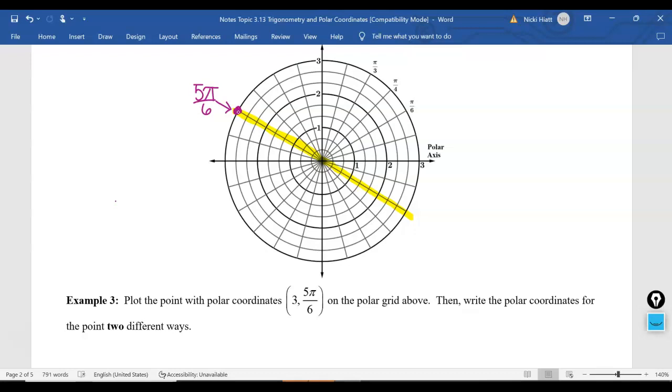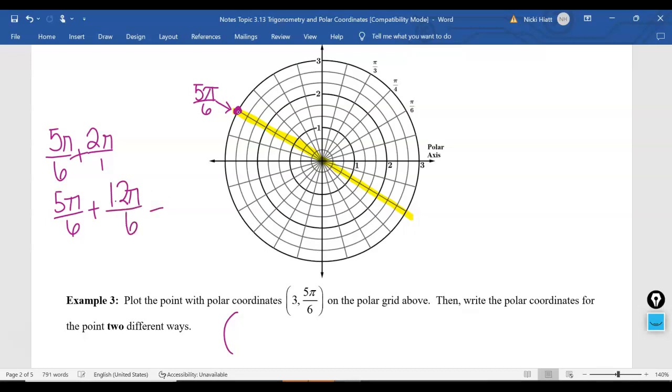Now, there are infinite ways that we can describe this because, first of all, 5 pi over 6 could be given as a different angle. So one way that we can write this differently is, for this point, instead of 5 pi over 6, we could go one more full rotation. So if we take 5 pi over 6 and add 2 pi to it, that's like 2 pi over 1. So that would be 5 pi over 6 plus 12 pi over 6 to get those common denominators.